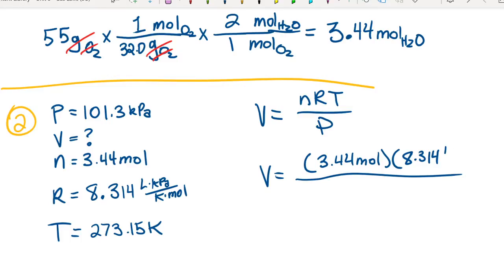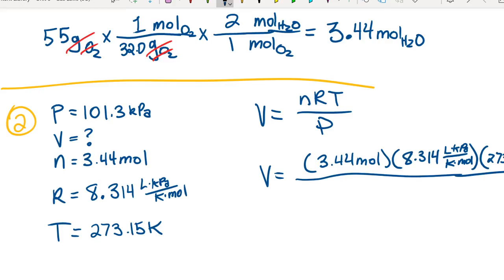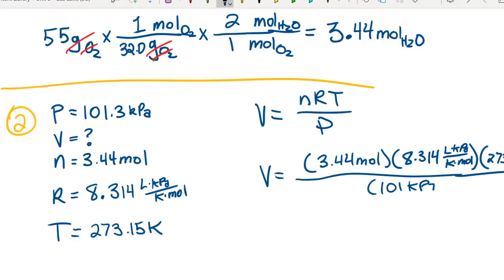Oh, that's not an L. Liters, kilopascals per Kelvin mole. And then what's great, I'm just going to do that because we got more decimals than we need already. And on the bottom, 101.3. And again, I'm just going to do that because we've got way more sig figs than we need.